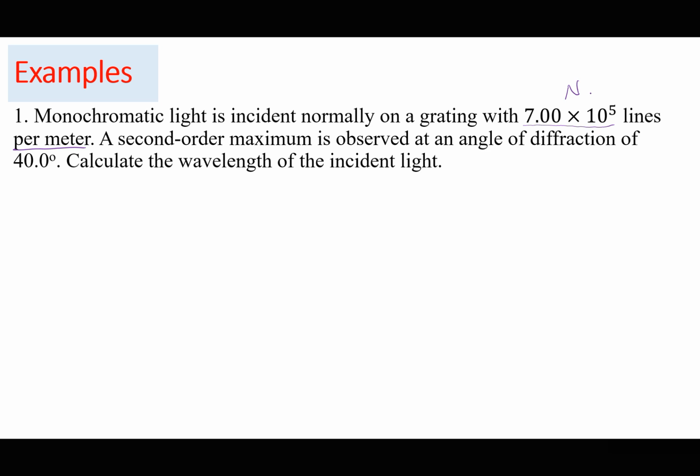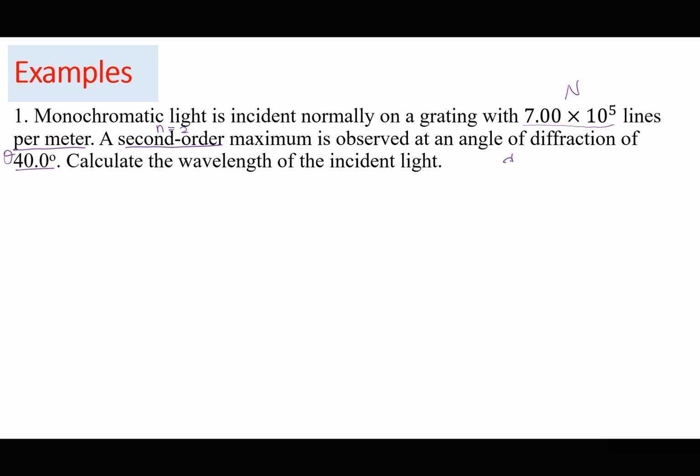A second order maximum, so small n is going to be equal to 2, is observed at an angle of diffraction 40. So this is going to be theta. Remember theta is always measured from the center, from the central order maximum. Calculate the wavelength of the incident light.